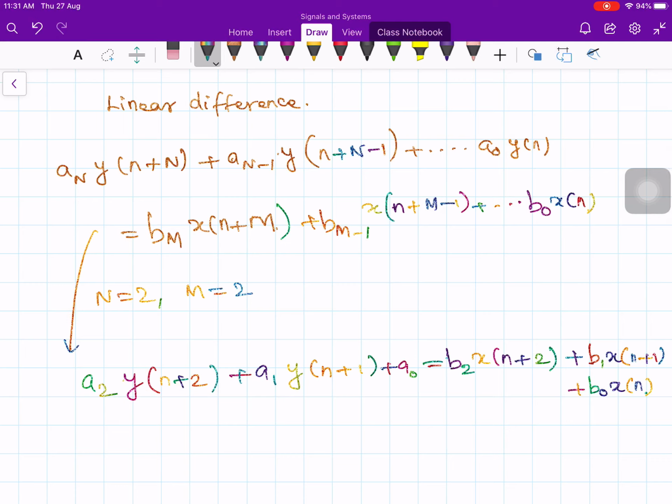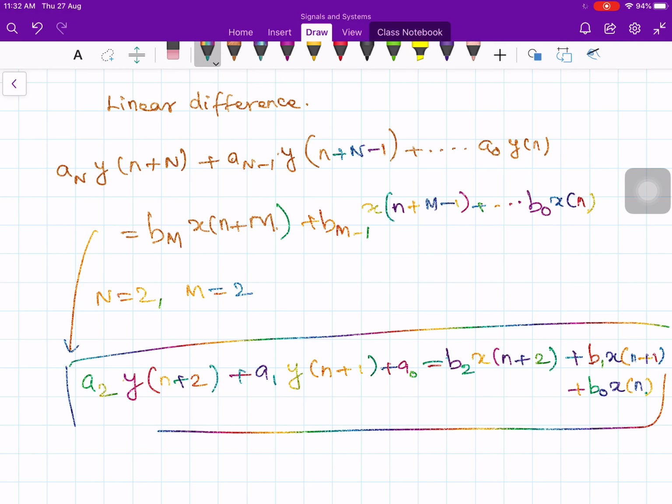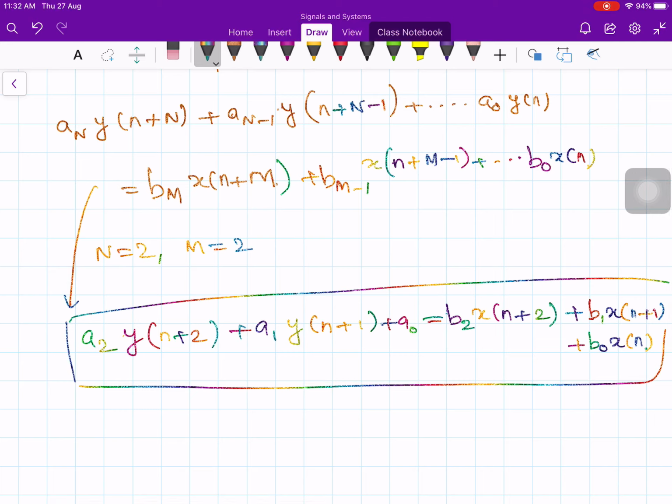So, this is the equation describing the input output relation of a discrete time system, and this equation is second order.